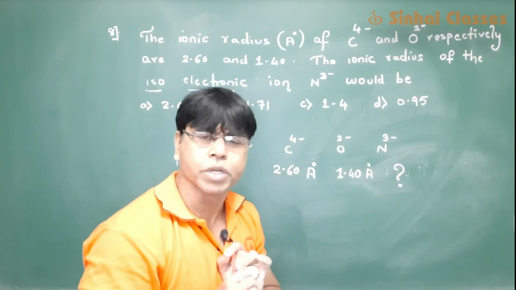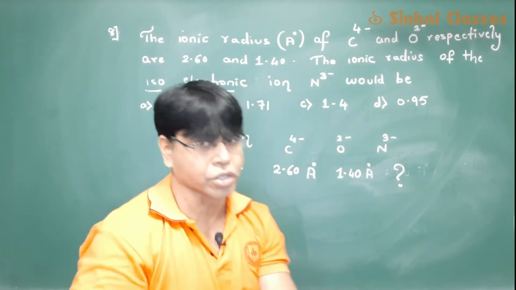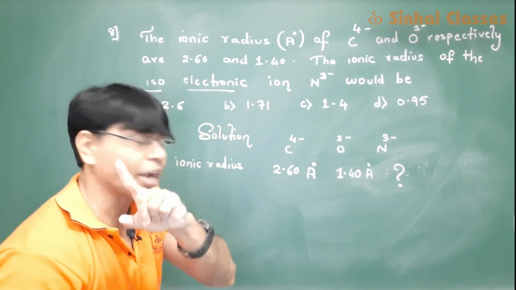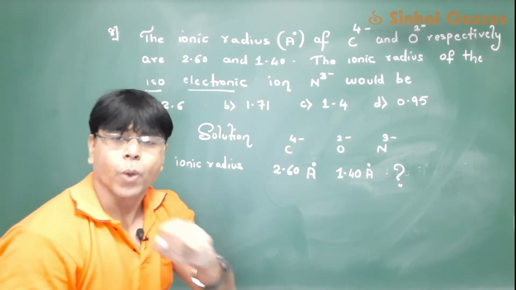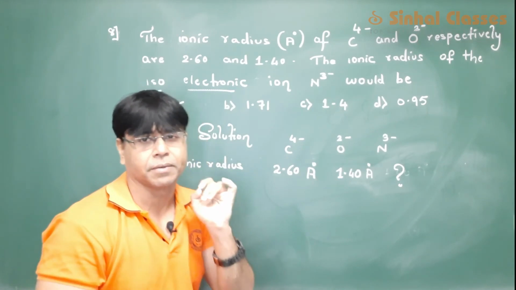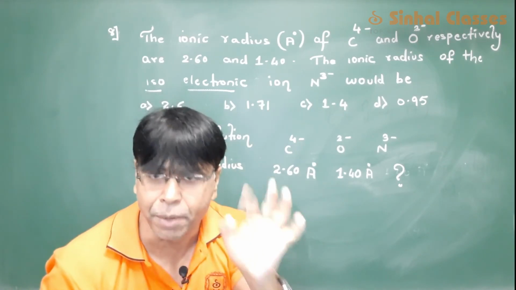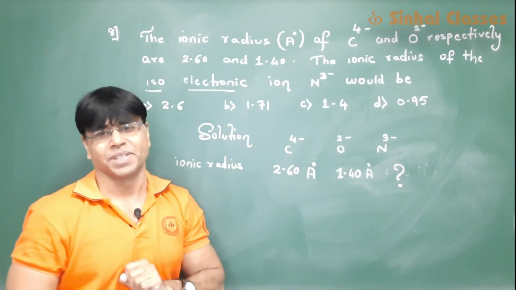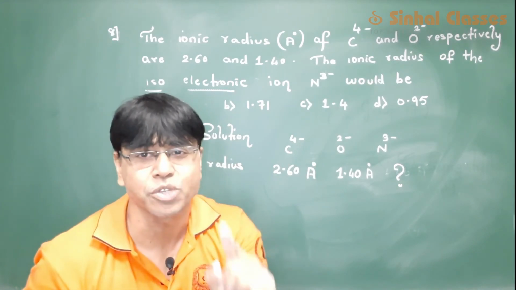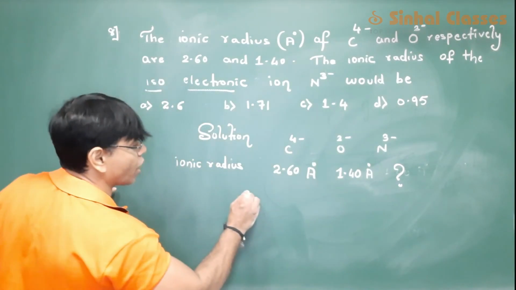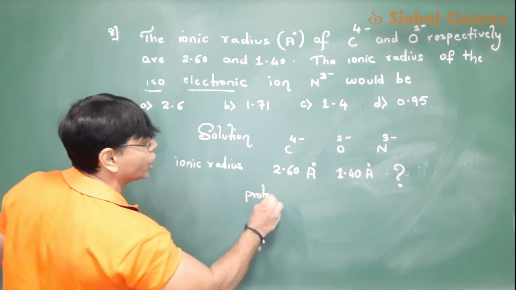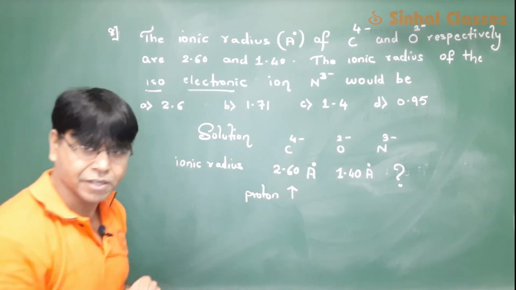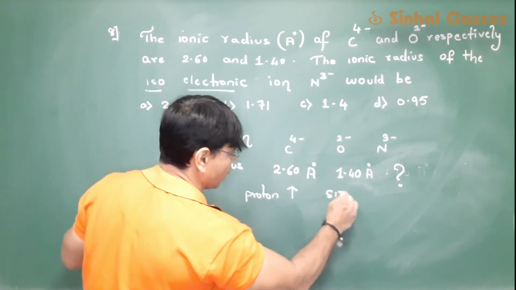Previously, in the previous question, we came across isoelectronic ions. In that, what did I say? With the increase in proton, that is atomic number, the size decreases. So as the proton increases, the size will decrease.